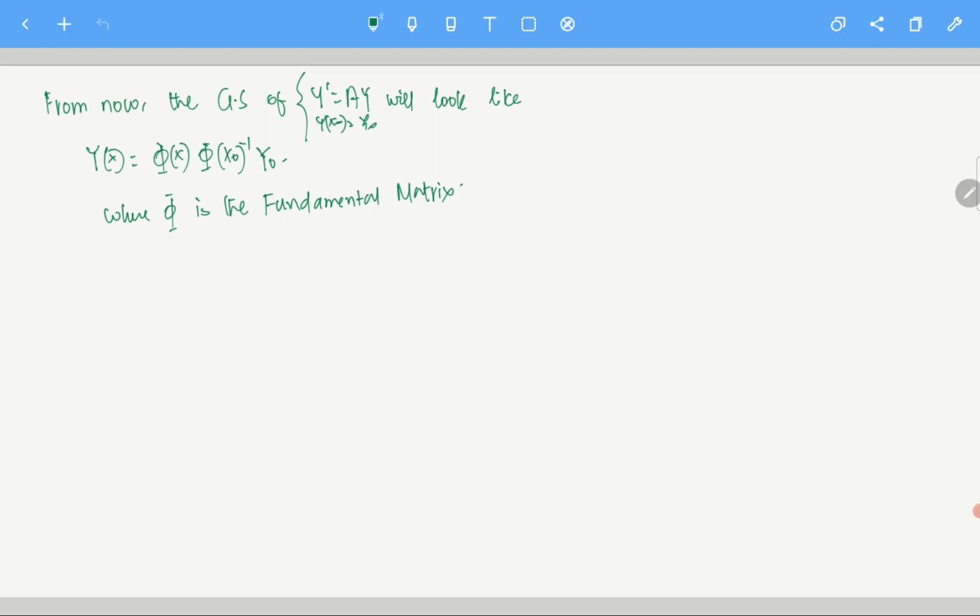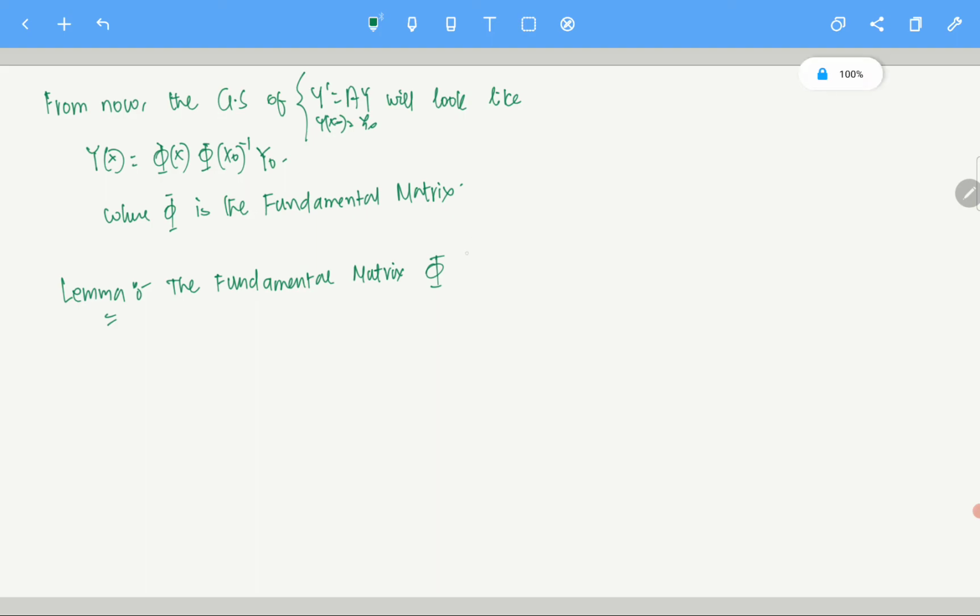Now, one small thing I want you to know, and then we are going to finish this small lecture. So basically, this is a small lemma kind of thing. So what does phi do? The fundamental matrix capital phi. Of course, whenever I am writing fundamental matrix, it is corresponding to some system.